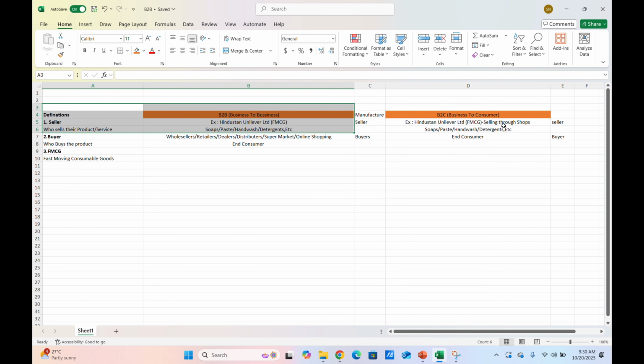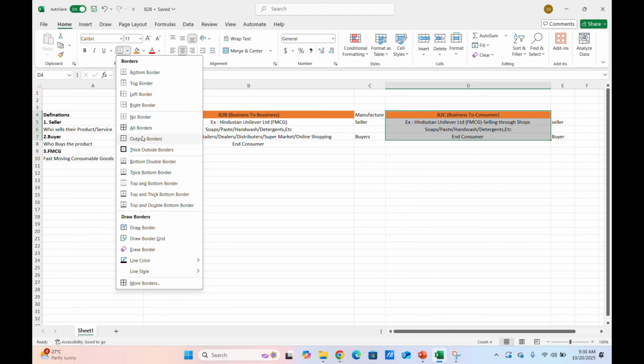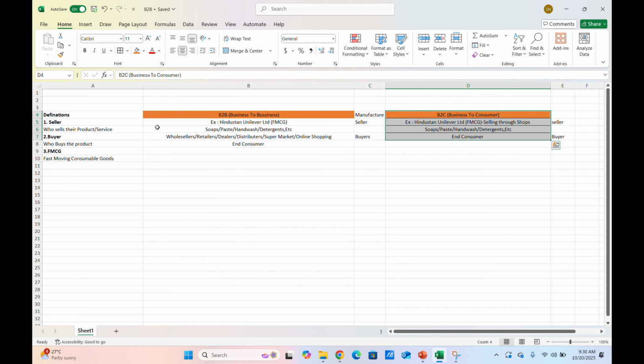Like in B2C, Hindustan Unilever will be the seller only, but the buyer is going to change here. The end consumer is going to be the buyer. So here, there is no dealer or distributor. In that case, obviously, the prices are going to reduce.